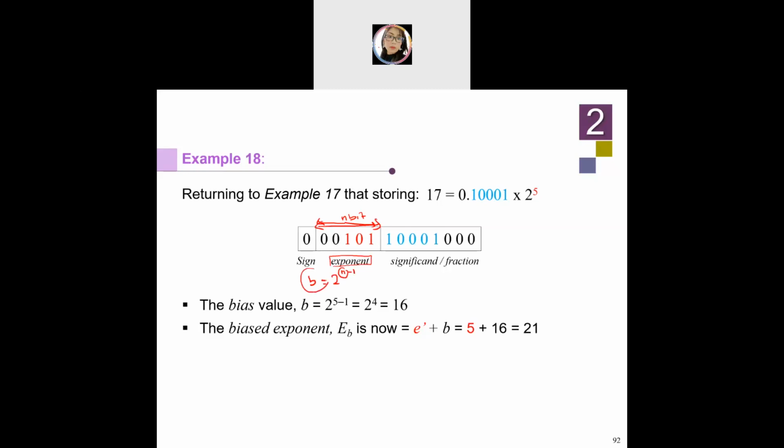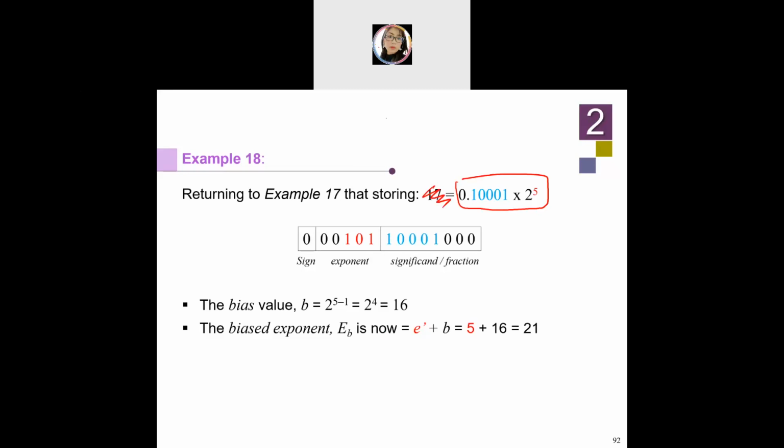Second, after we have this value, we have another equation: EB equals E prime plus B. Where do we get the E prime? This is the E prime. You need to normalize first, okay? Let's say in the example, you were given a direct value, not given the decimal.